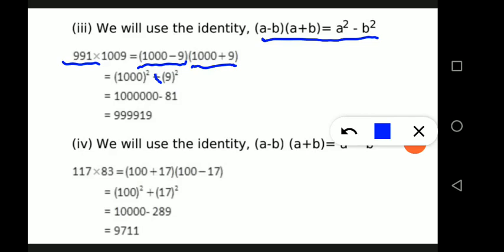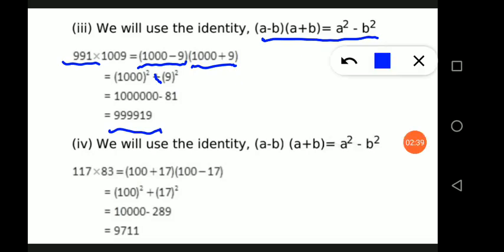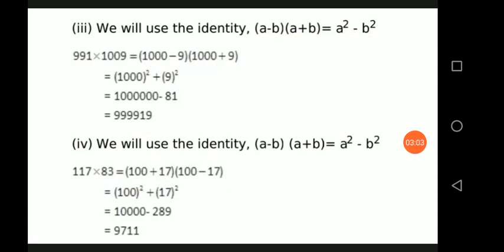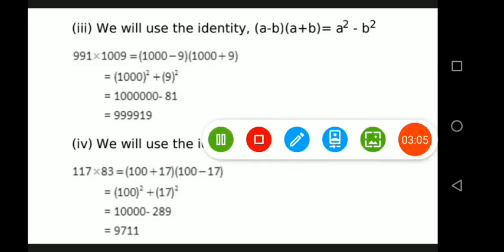So it becomes 1000 square minus 9 square, and we get the answer. In this next part we have 117 into 83. So again 117 can be written as 100 plus 17, and 83 can be written as 100 minus 17. And the same formula, (a minus b) into (a plus b) is equal to a square minus b square, and we got the result. Understood? Okay.